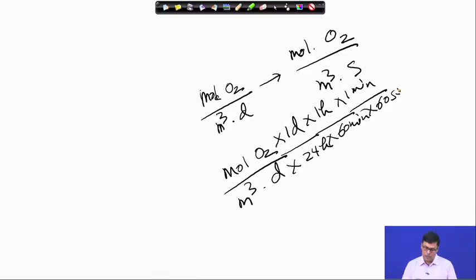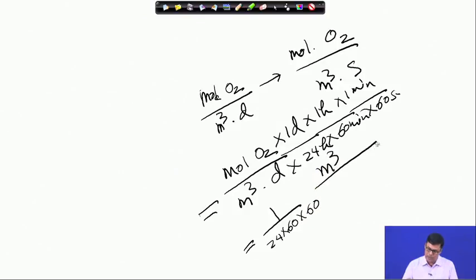So basically we have to multiply by 1 over 24 times 60 times 60 to get the value per second.